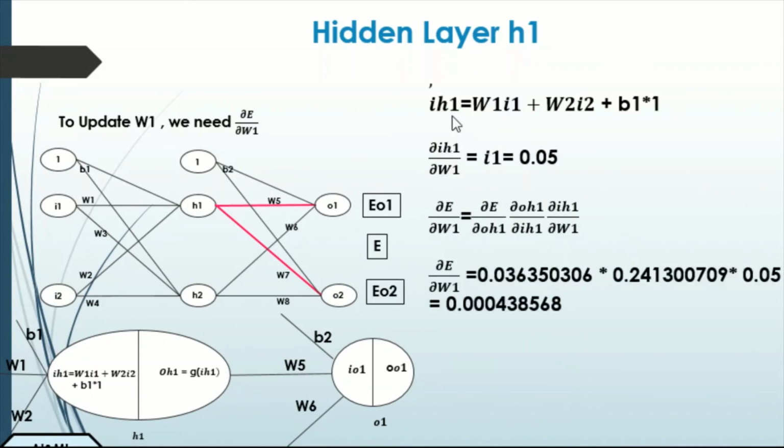Now we will be computing the third one, which is del of IH1 with respect to del of W1. Here, since IH1 is W1 I1 plus W2 I2 plus B1, differentiating with respect to W1, we simply get I1, which in our case was 0.05. So substituting all these three values, we get del of E with respect to W1 as 0.0043.